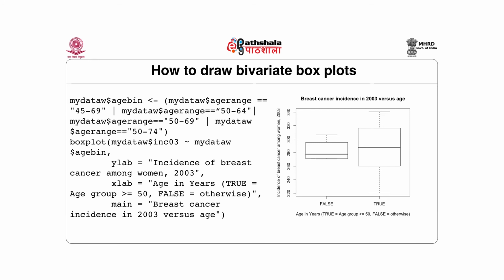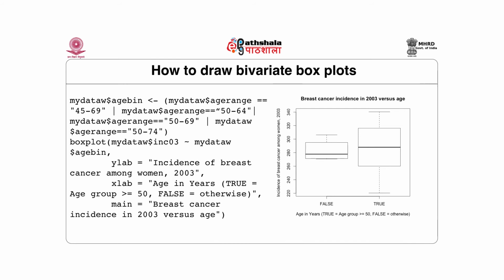You can see there was a very wide spread for the age group in which older women were screened versus younger women, and there is this little box. But note that for bivariate box plots, you have to give the name of the continuous variable first, then the tilde, and then the categorical variable next.